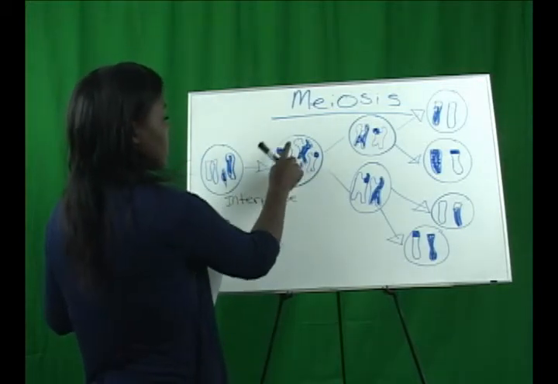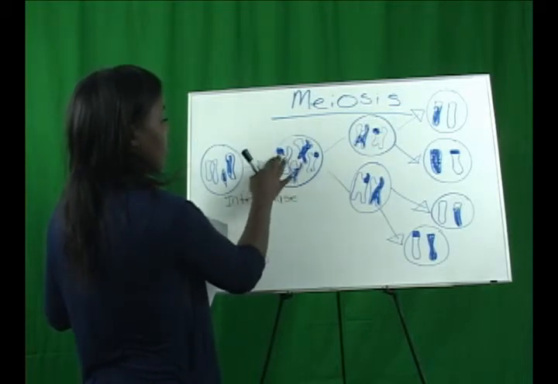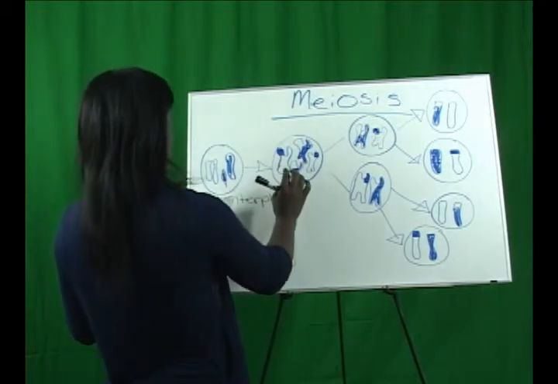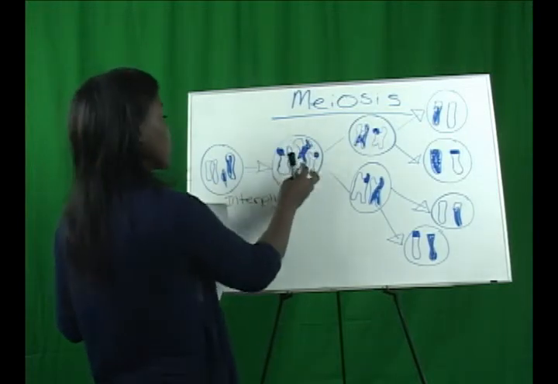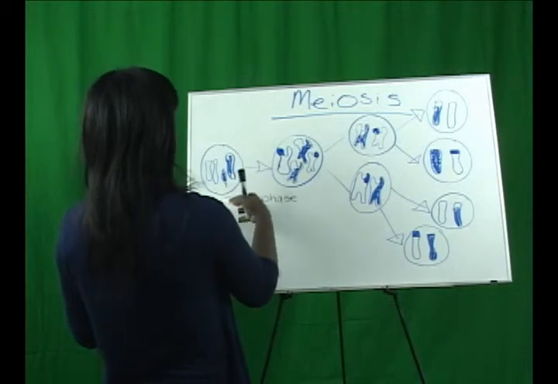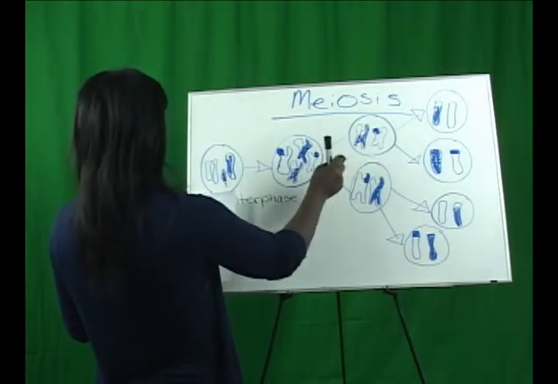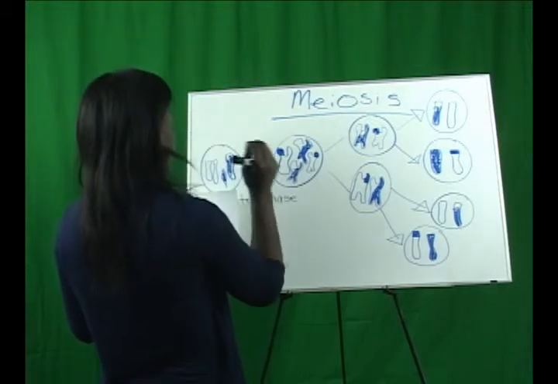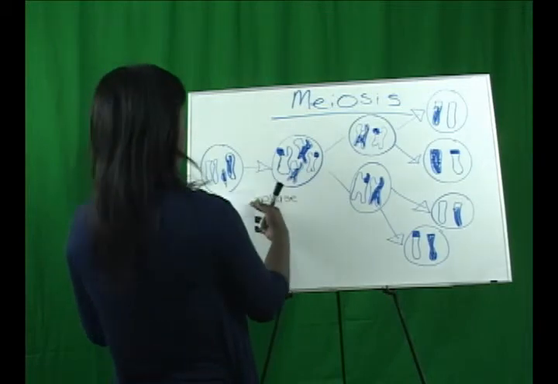Okay, so you see how with the chromosomes, some parts are colored and some parts are not colored in? Well, in this phase here, the chromosomes that match each other are going to pair up and become whole together. And then here, this creates a mix of new genetic material in the offspring cell. So the chromosomes swap sections of DNA.